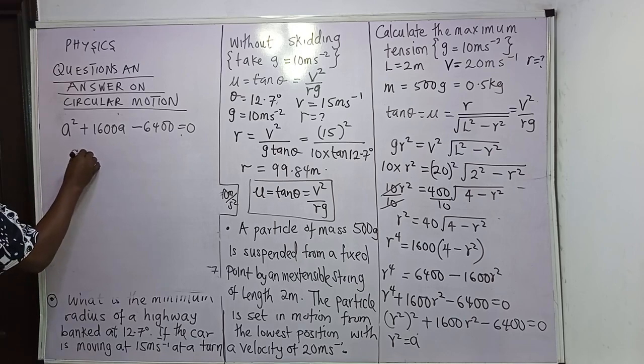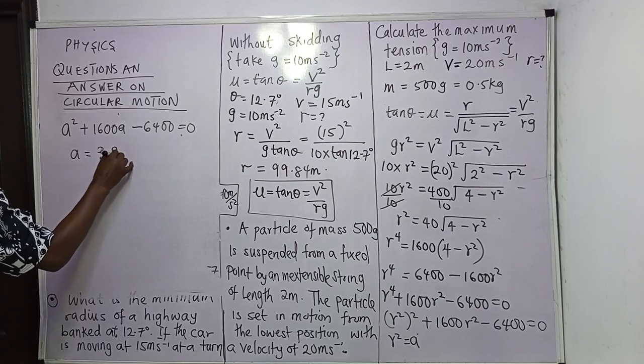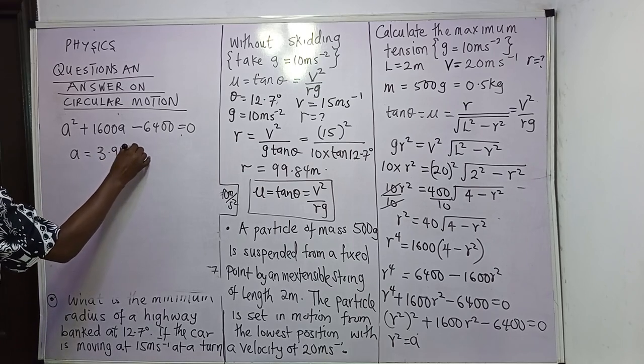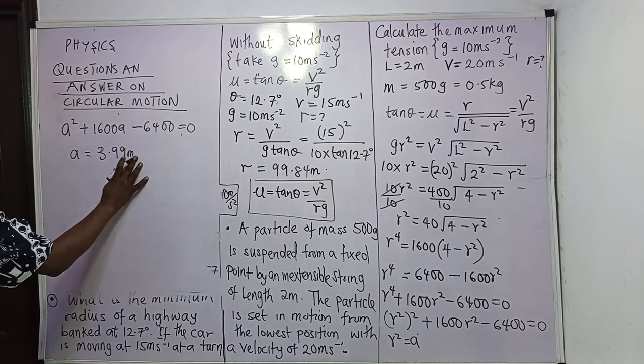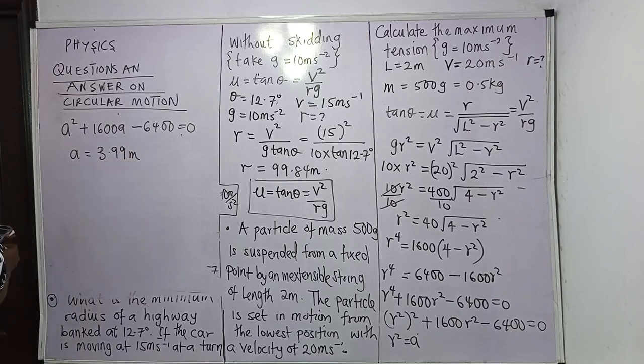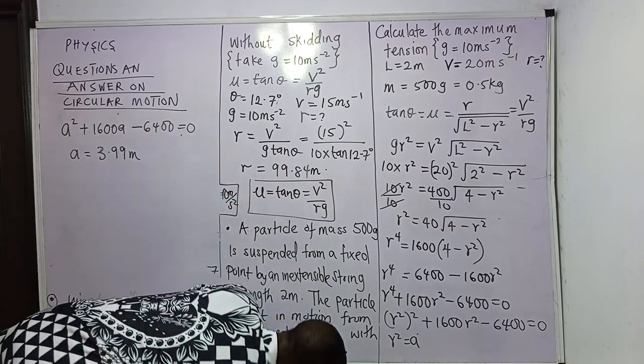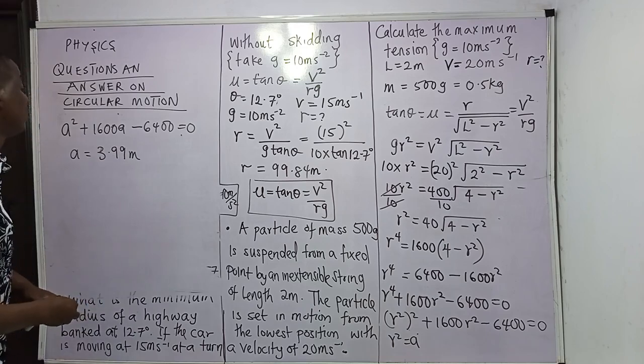So if you do that effectively, we would have A equal to 3.99 meter. The other second answer will be negative, and A can never be negative there. The radius can never be negative.